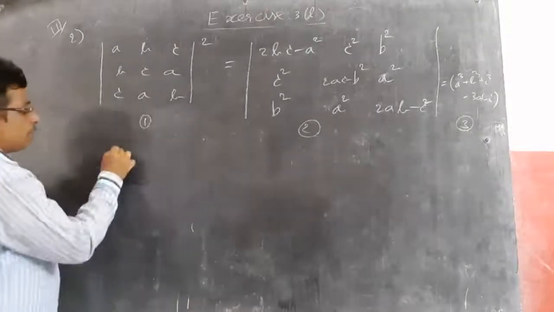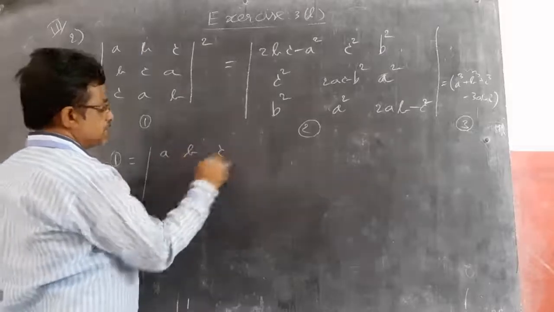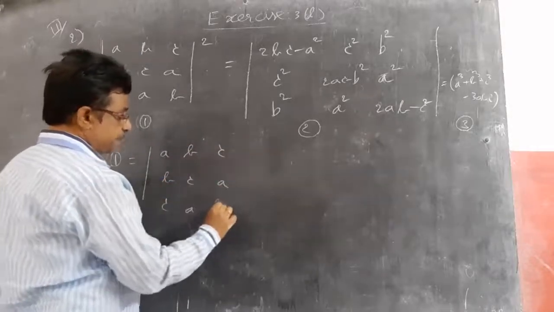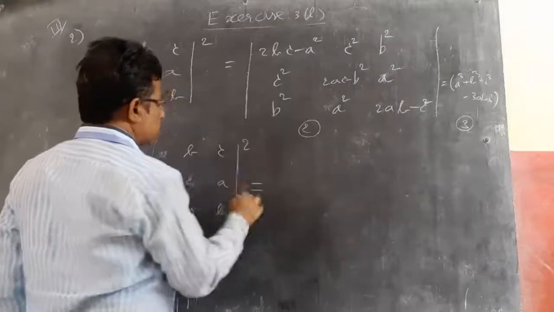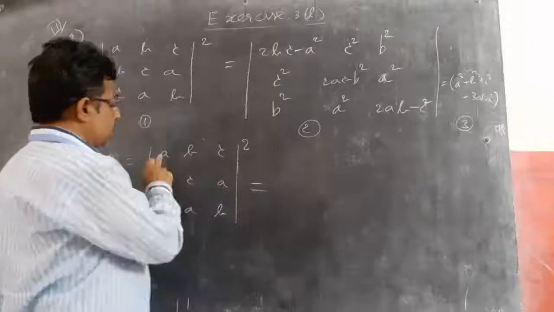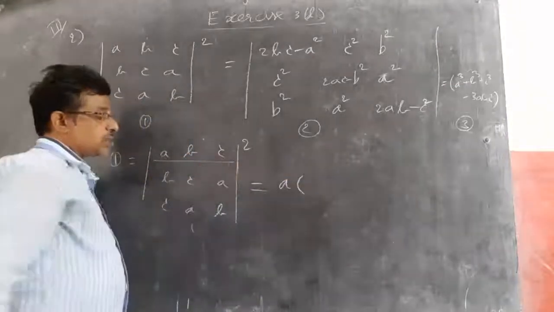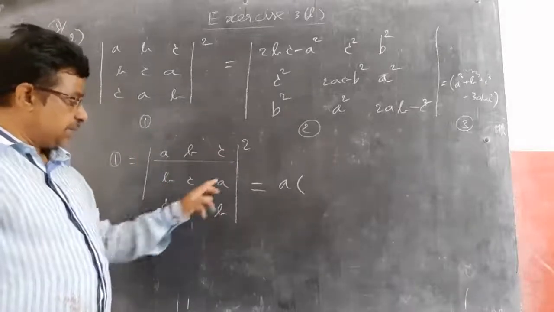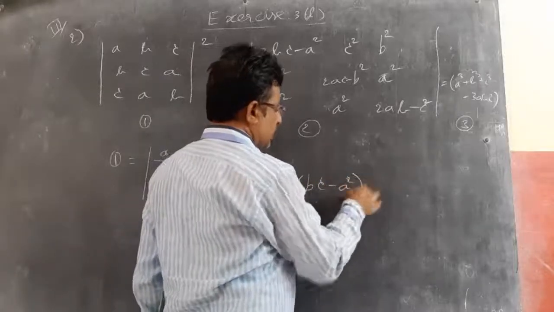So 1 I am taking is nothing but the determinant of [a b c; b c a; c a b], whole square. So find the determinant and keep whole square. What is the determinant of this? I will expand according to the first row. So a into, excluding that row and that column, (bc minus a square).